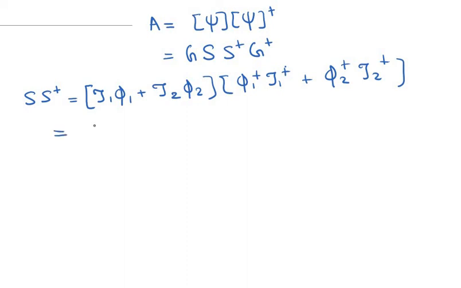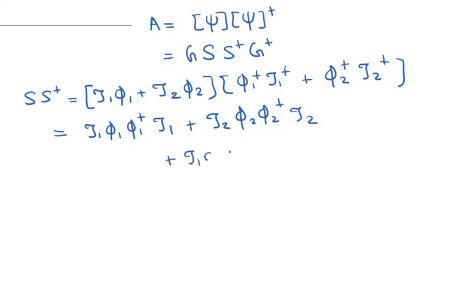Now this basically becomes equal to tau 1 phi 1 phi 1 dagger tau 1 dagger plus tau 2 phi 2 phi 2 dagger tau 2 dagger plus tau 1 phi 1 phi 2 dagger tau 2 dagger plus tau 2 phi 2 phi 1 dagger tau 1 dagger.